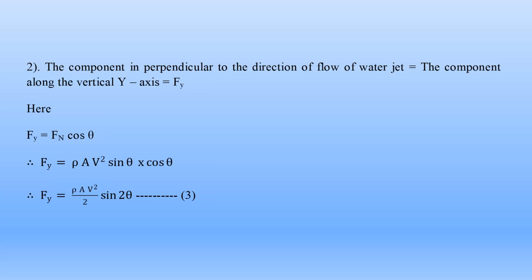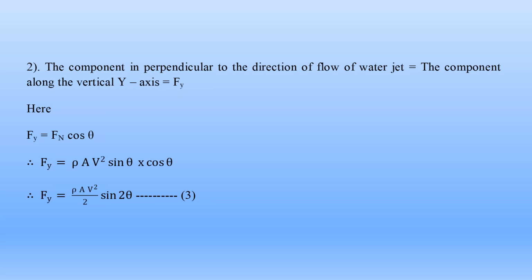Dear students, if anybody has doubts in this derivation of Fn or Fx or Fy, please discuss with me. This is the second condition, the impact of a horizontal water jet on the stationary inclined flat metal plate.